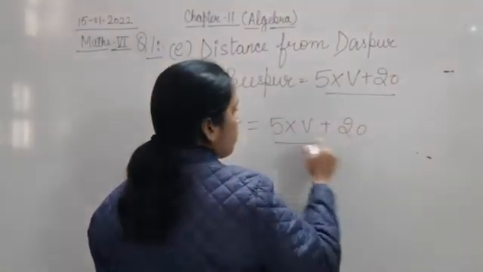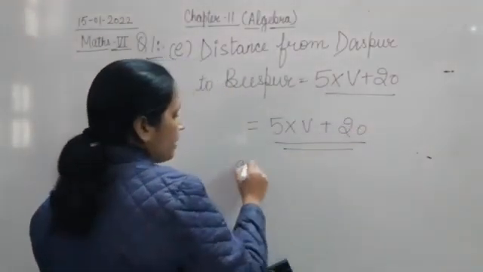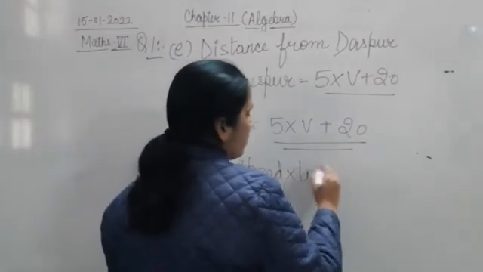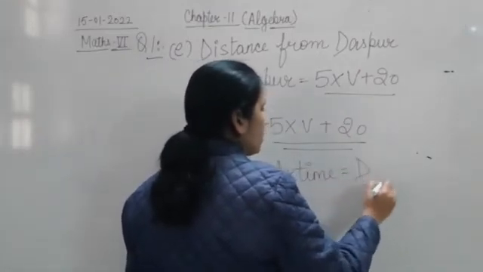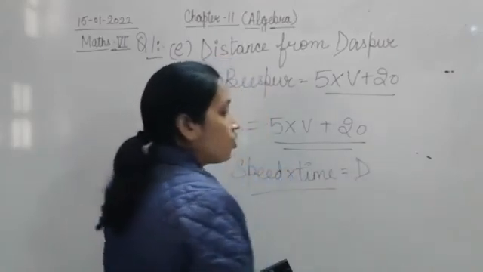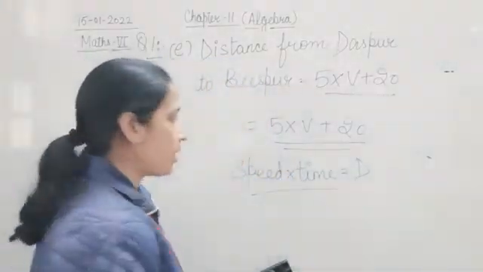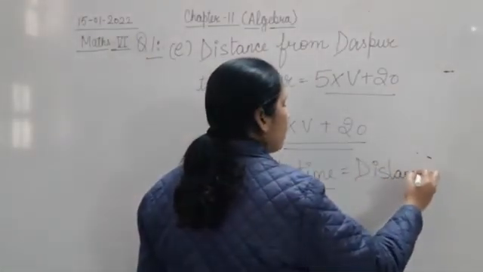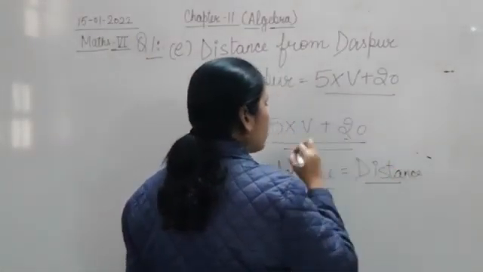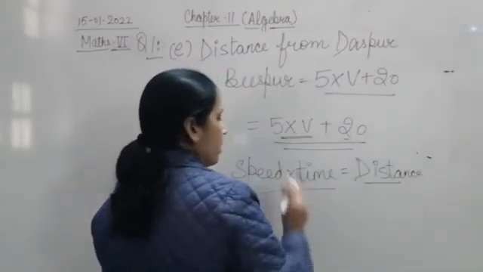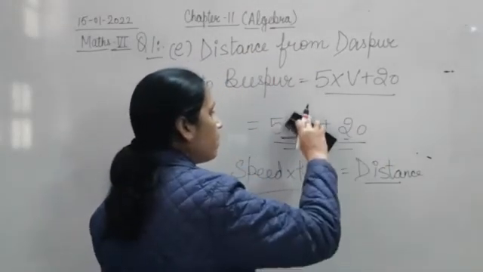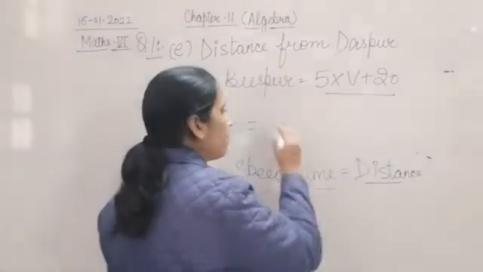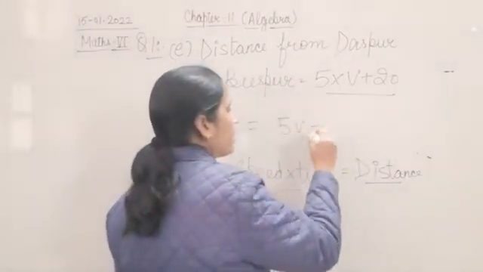Then that will be added. Speed into time is equal to distance, since the formula of speed is distance upon time. And still here we need to cover 20 kilometers, so that will be added. That will become 5V plus 20.